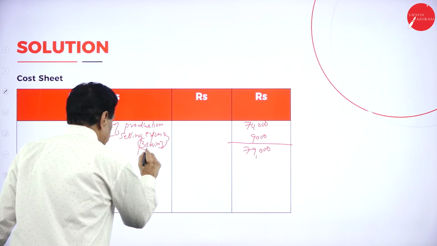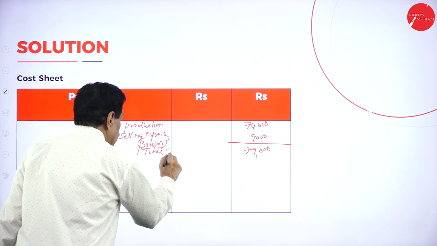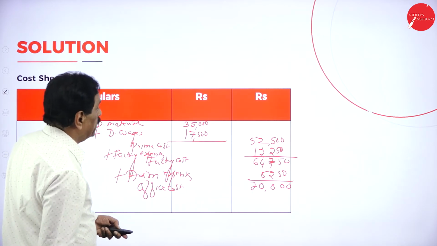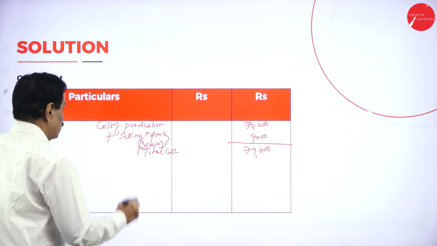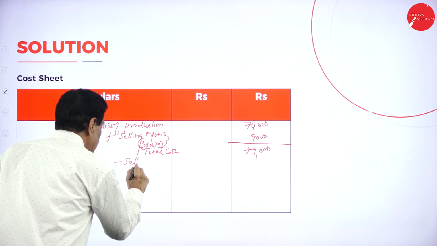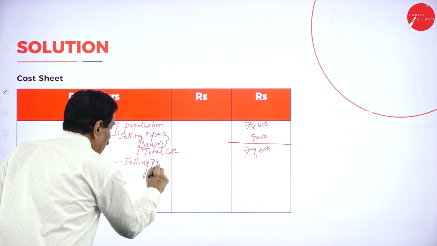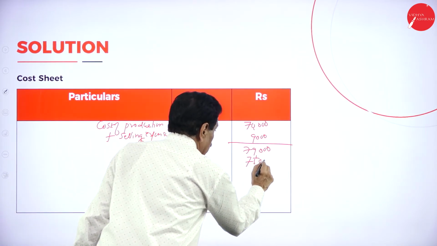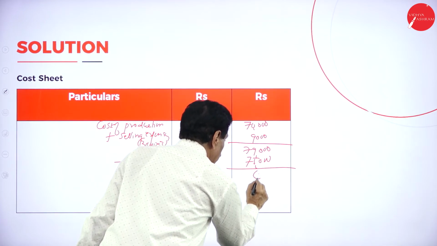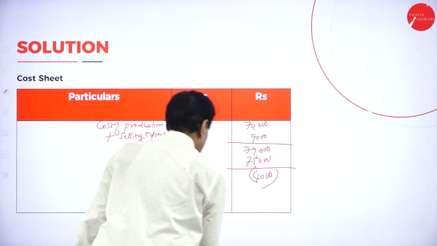Total cost. What's your selling price? 75,000. Minus selling price 75,000. There is a difference of 4,000. Net loss.